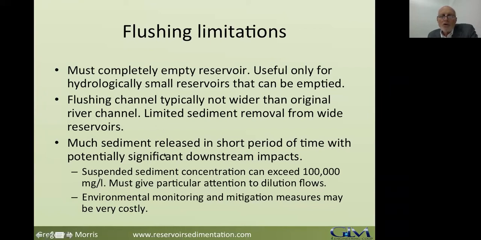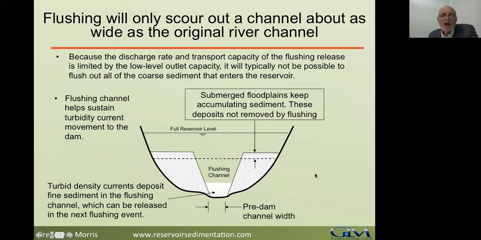And when you try and release a lot of sediment in a short period of time, you can have potentially significant impacts downstream. You can have concentrations that easily exceed 100,000 milligrams per liter. Here you see a diagram showing the reservoir sediments and the flushing channel.